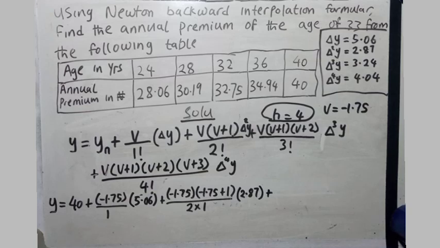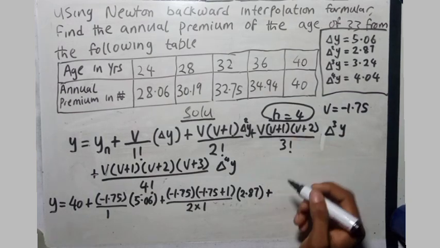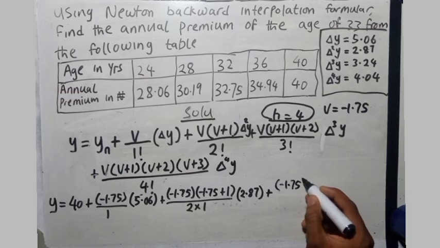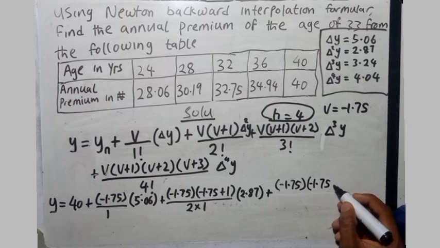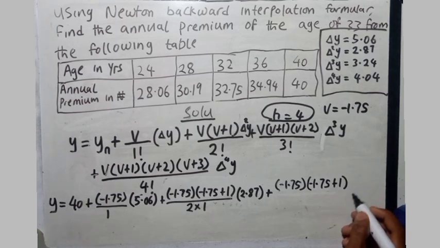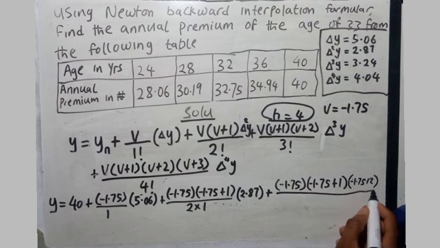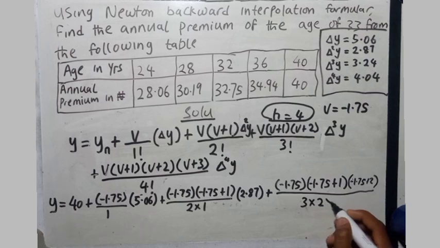Then we are going to be adding our third values. For this one, we are going to be having minus 1.75, minus 1.75 add it to 1, and also minus 1.75 add it to 2, over 3 times 2 times 1.